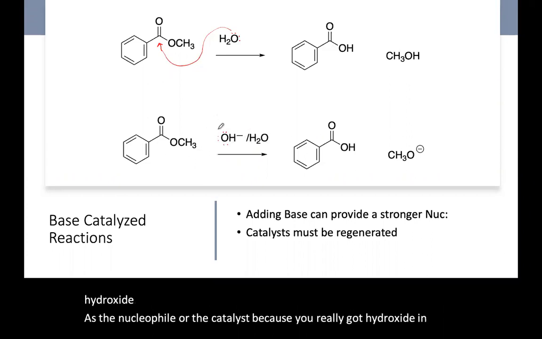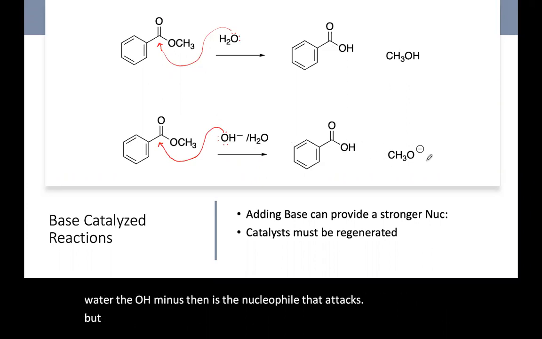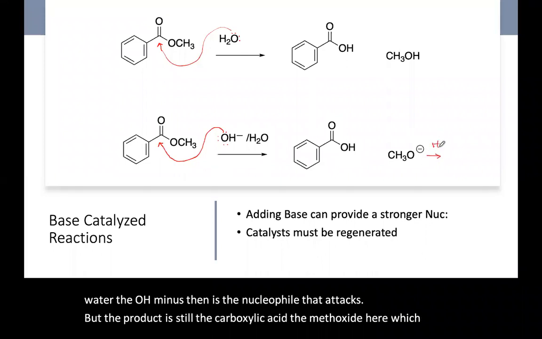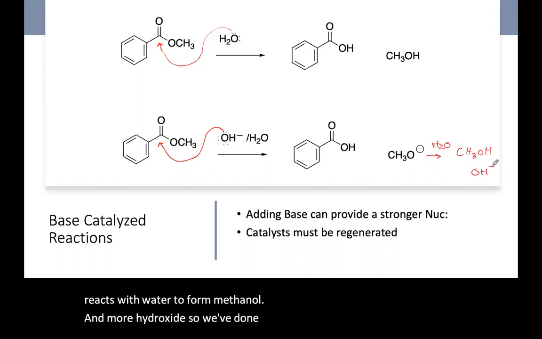The OH minus then is the nucleophile that attacks, but the product is still the carboxylic acid, the methoxide here, which then reacts with water to form methanol and more hydroxide. So we've done a couple of key things here.